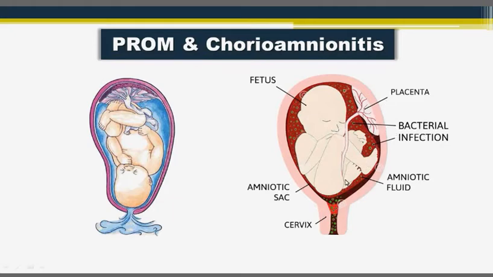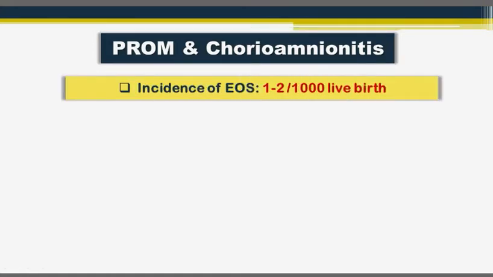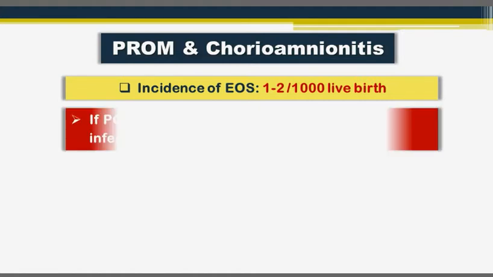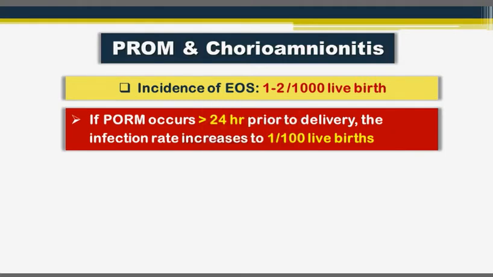So what is the relation between them and early onset sepsis? The incidence of early onset sepsis in general is about 2 in 1,000 live births. But if premature rupture of membrane occurs more than 24 hours prior to delivery, the infection rate increases to 1 in 100.